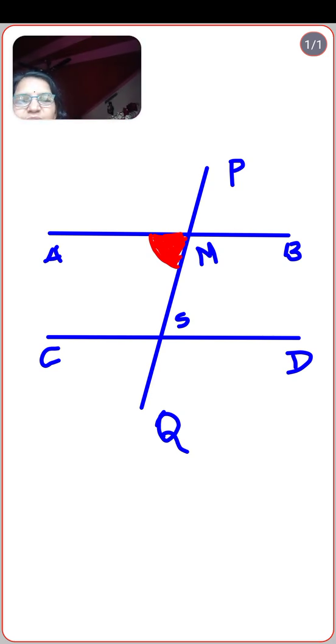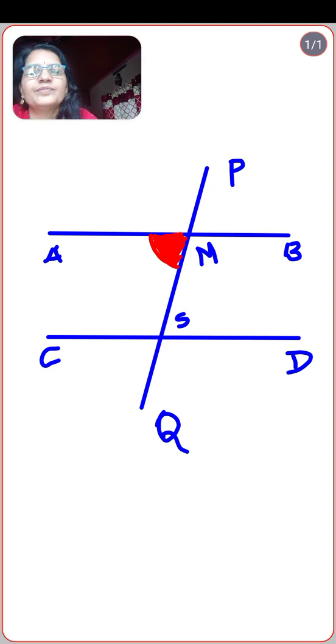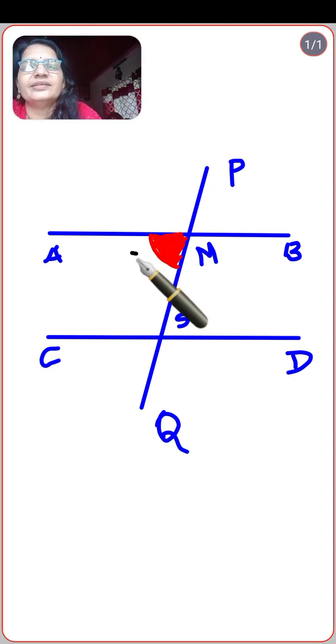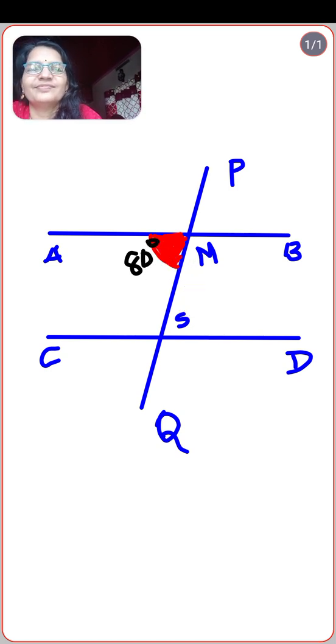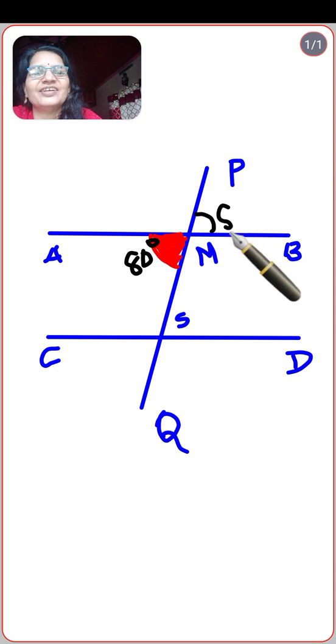And its measurement is, what is the measurement? It is 80 degree. Now, can you say another angle with 80 degree? Yes, this is an 80 degree angle, this one.